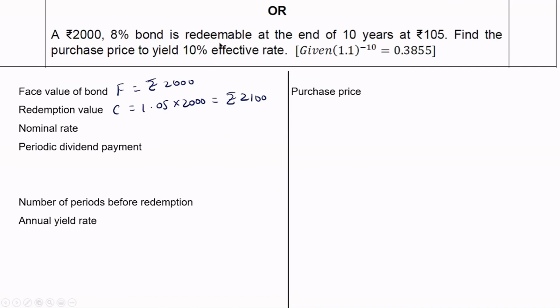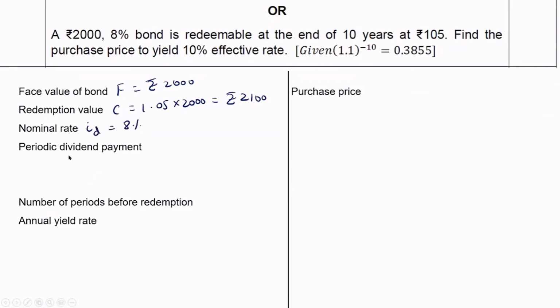If the bond is redeemable at par, then these two values will be equal. But here it is redeemable at rupees 105. It means it will be redeemable at 105% of the face value. So it is 2,100. And the nominal rate is given as 8%. So ID is 8%.